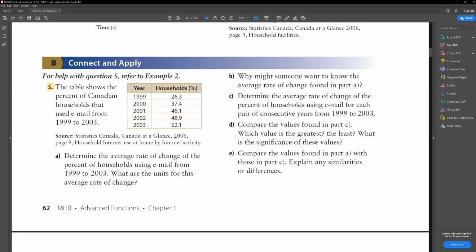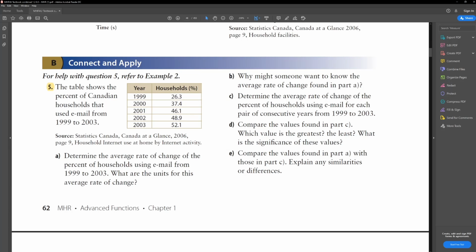Okay, well, again, the only formula we know so far is delta y over delta x. So what we would do is use the values from 1999, which is 26.3, and 2003, 52.1.